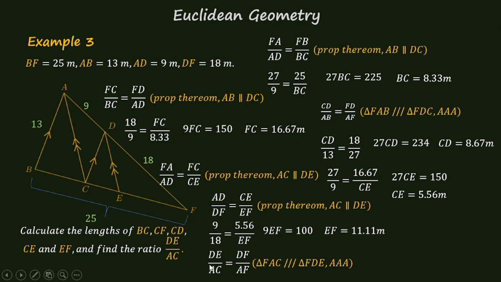So I'll be able to find the value of the ratio DE over AC. I have the length for DF, I have the length for AF. This can therefore be written as 18 over 27. Your DF is 18, given, 27 is the whole length. And we can simplify that to 2 over 3.